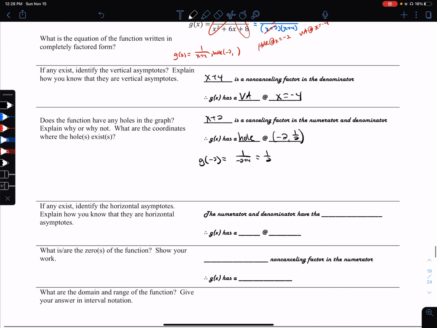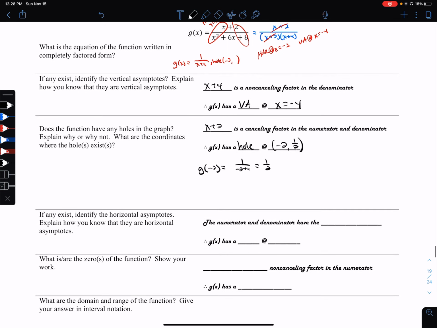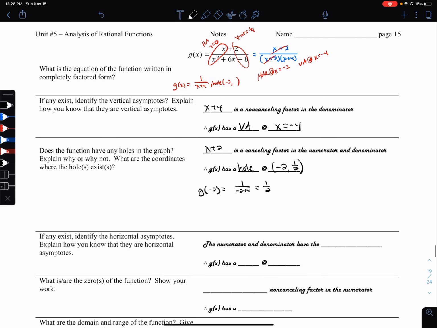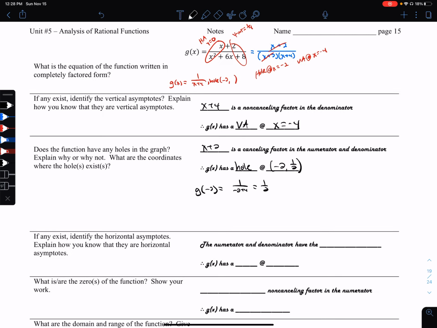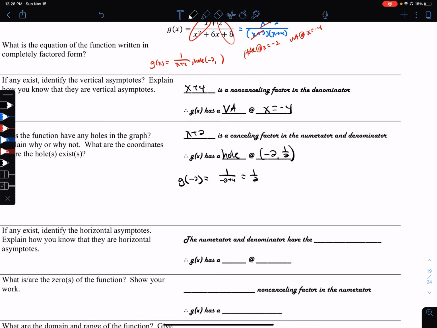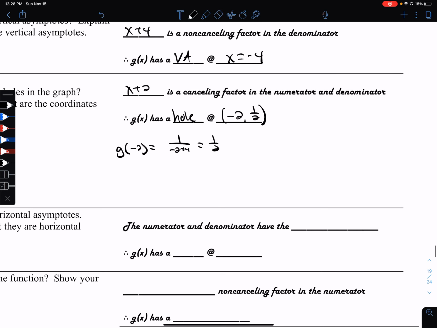If any exist, identify the horizontal asymptotes and how you know that you have one. The numerator and denominator, well, I just copied and pasted this. This should be different. The numerator has, how do I want to write this? Has degree, sorry about this, less than the denominator.